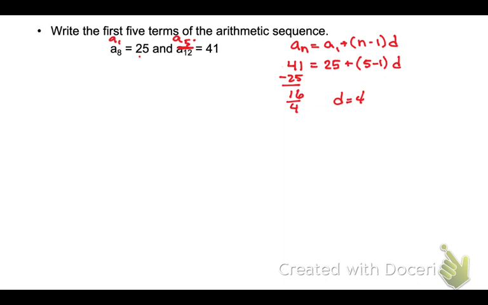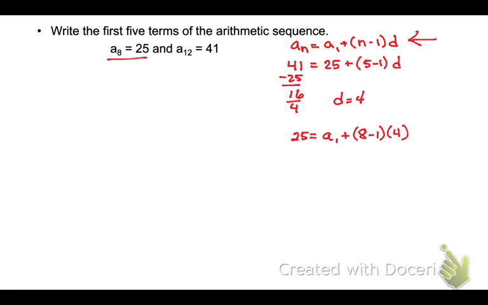Okay, so we go back again, and you pick one of the originals. Does it matter which original you use? No. Well, let's do 25 because it's small. That's usually what people do. Okay, so 25 equals a sub 1, plus 8 minus 1 times 4.